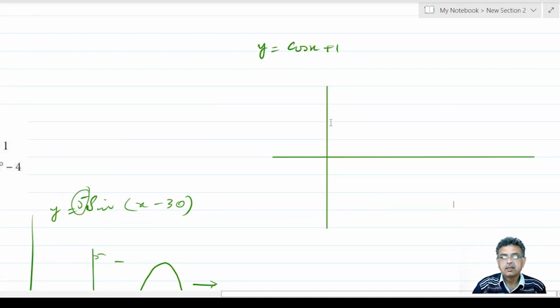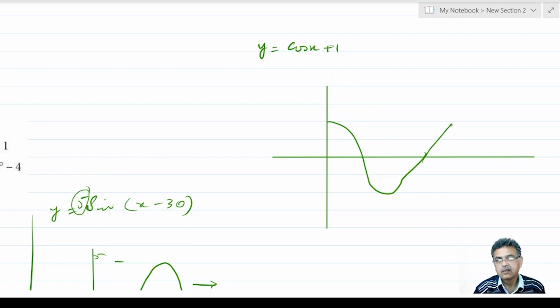Then first of all, draw the graph of cos x this way. This is very rough.